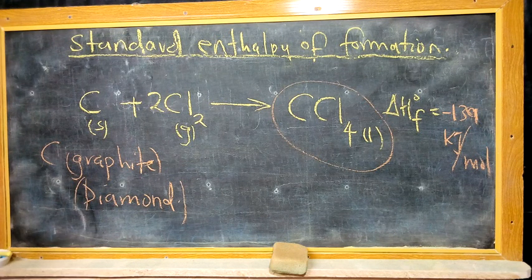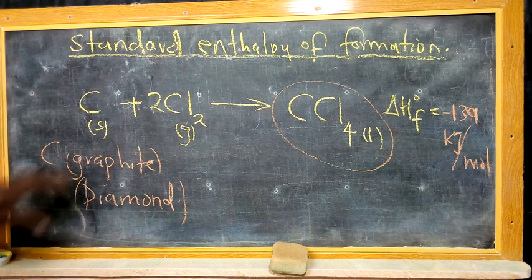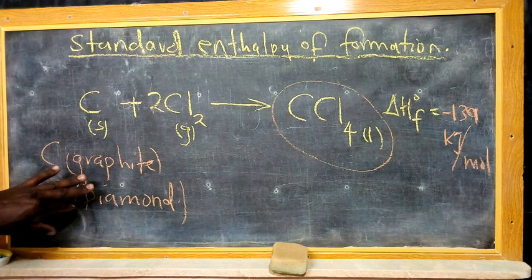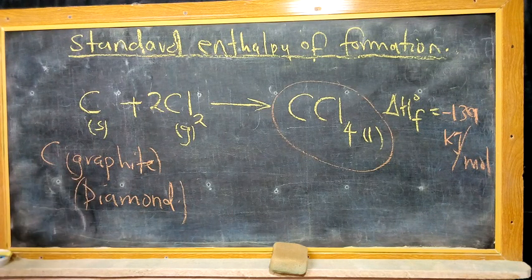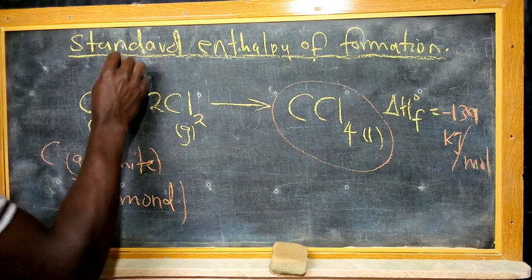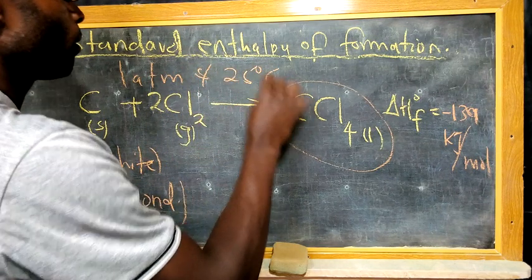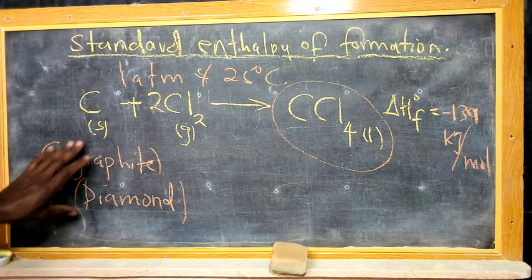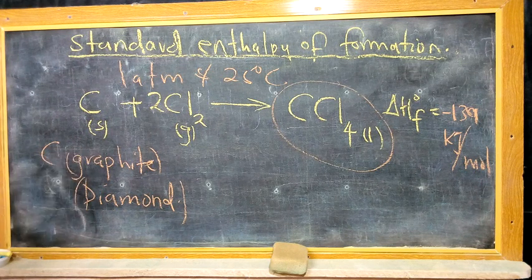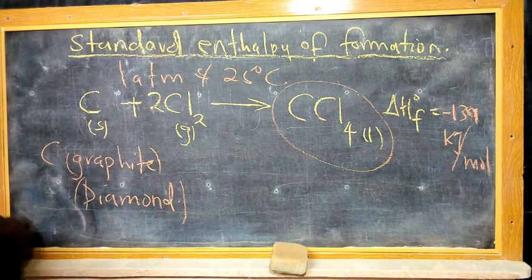Diamond is an allotrope of carbon. So in this case, you will find that the most stable form of this kind of element under standard conditions of temperature and pressure, that we have mentioned to be 1 atmosphere and 25 degrees centigrade, the most stable of these allotropes of an element under standard conditions of temperature and pressure is known as the reference form of an element.